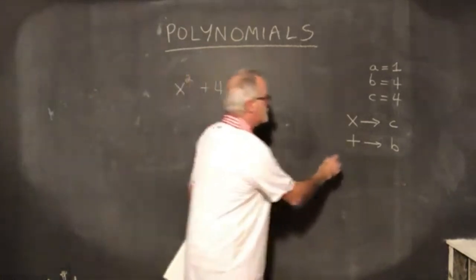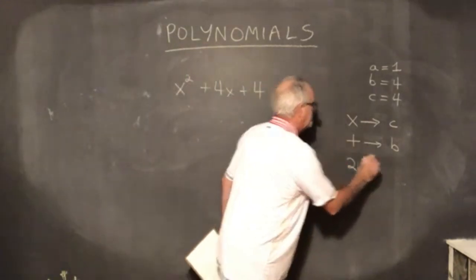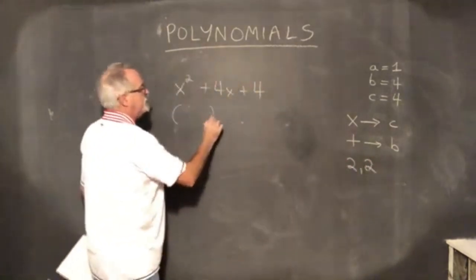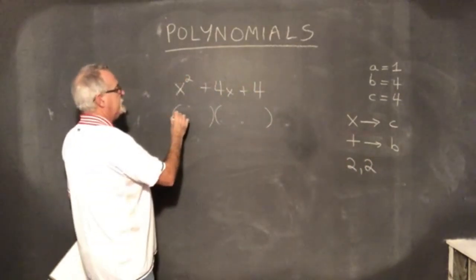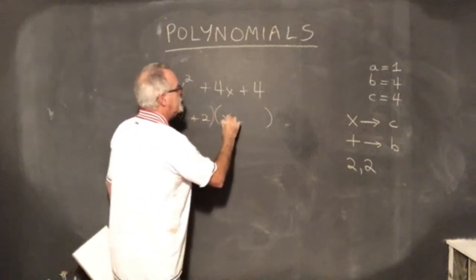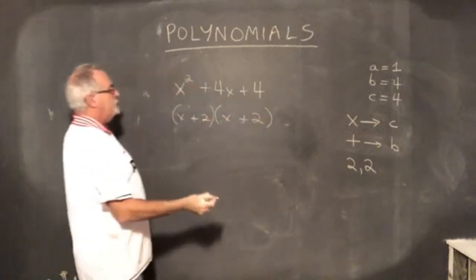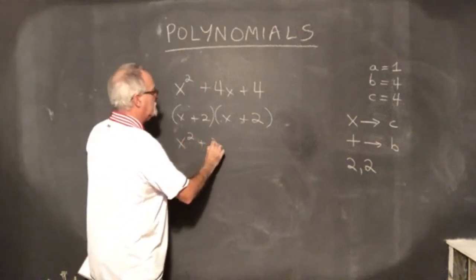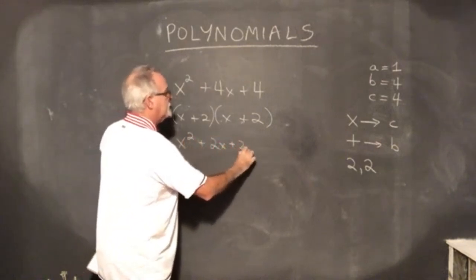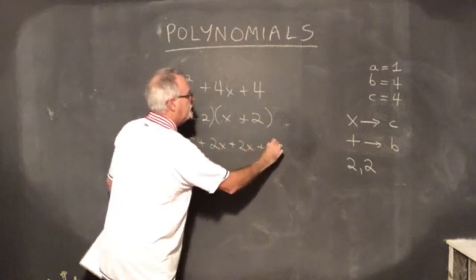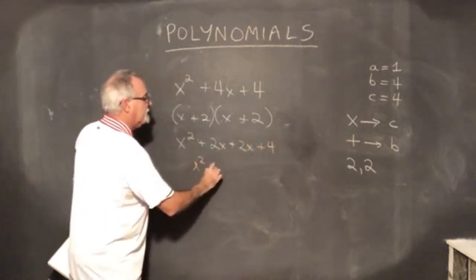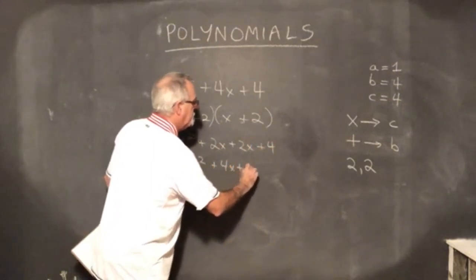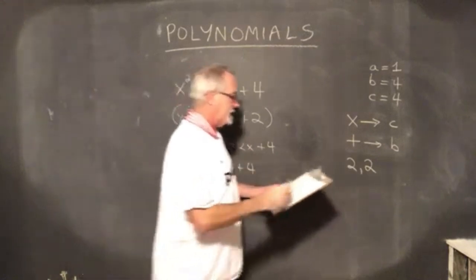So the numbers are 2 and 2. And then we write our answer, x plus 2, x plus 2, and verify with the FOIL: x times x is x squared, 2 times x is 2x, another 2 times x is 2x, 2 times 2 is 4. Yes, this sure works, x squared plus 4x plus 4. We have what we started with, it is correct.